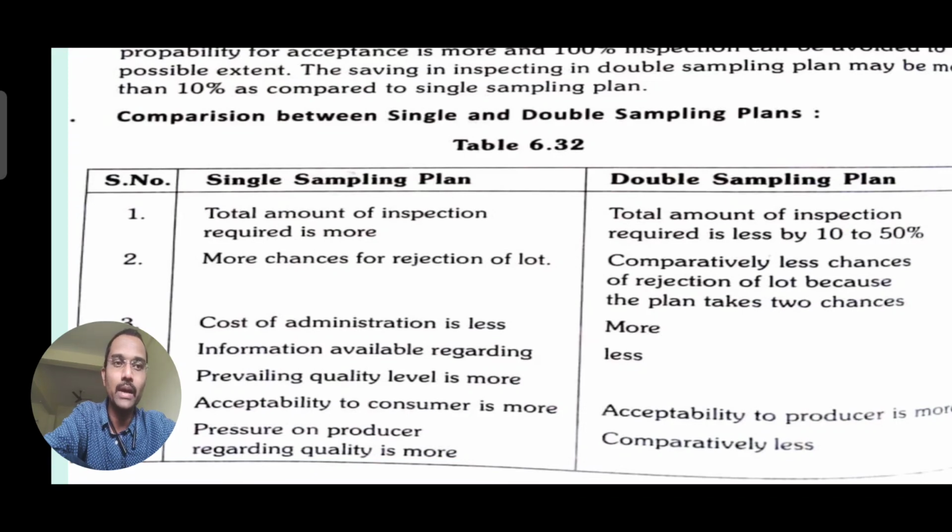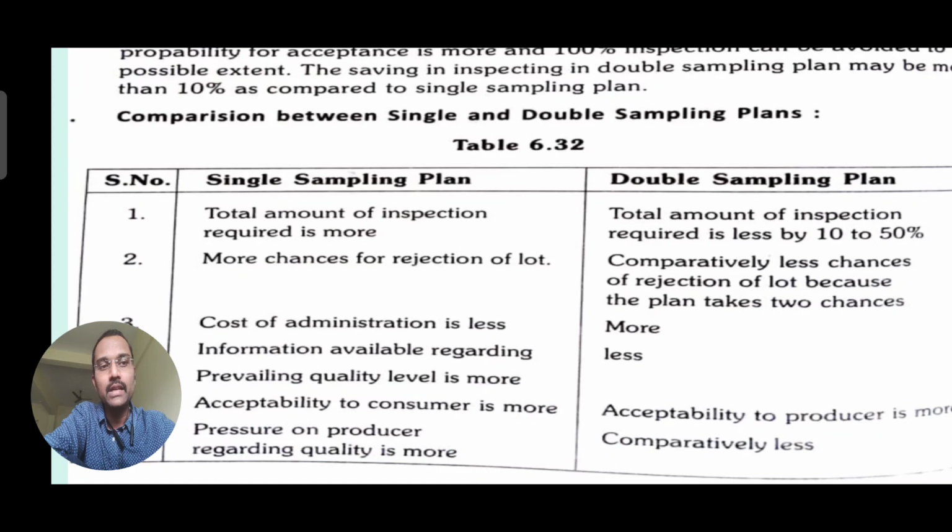Whereas in the double sampling plan, we are taking a chance that it is not exceeding two defective products. So lot acceptance is more at the starting stage only, and we are not checking the remaining products.